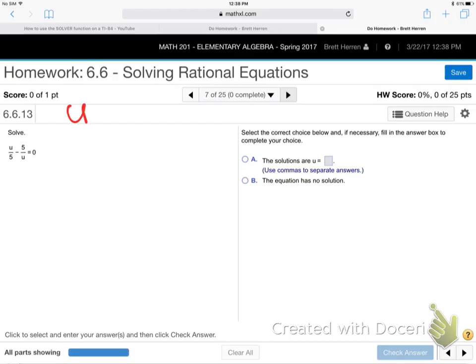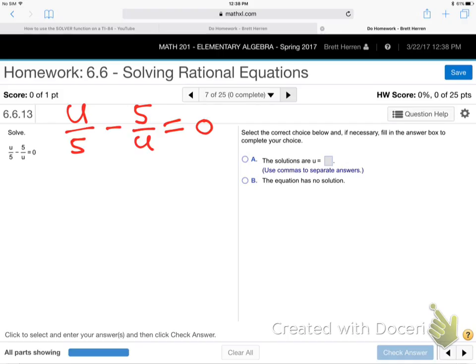Okay, so we have u over 5 minus 5 over u equals 0. What's the first step on all fraction equals problems? Just fractions with an equal sign. What's the first step? LCD. We're not making the denominators the same, we'll wipe them.